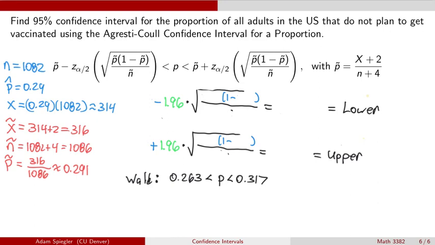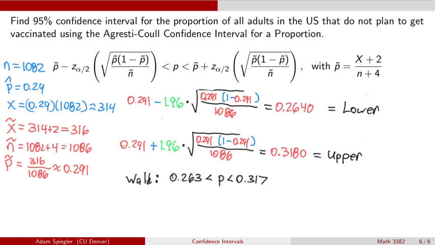And I should mention as well that the 1.96 hasn't changed because we're still using a 95% confidence interval. So now I'm just going to replace all of the p hats with p tilde 0.291, all of the n's with n tilde 1,086. There we go. And after substituting in the 0.291 and the 1,086, we get a lower cutoff, which is 0.264.